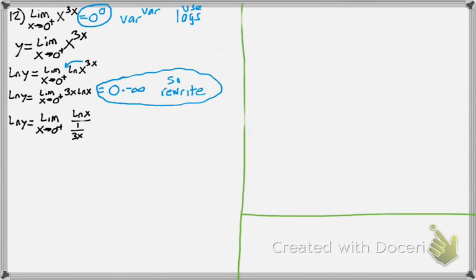So if it's in that form now, and you plug in 0, then this is going to be equal to negative infinity over infinity. Because it's in this form, now I can use L'Hopital's rule.